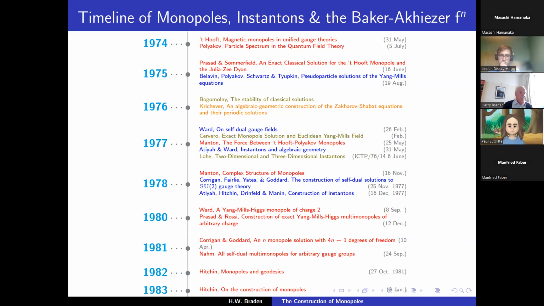But once topological configurations were known to be important, we then had quite a number of them, and we had the introduction in 1975 of instantons.